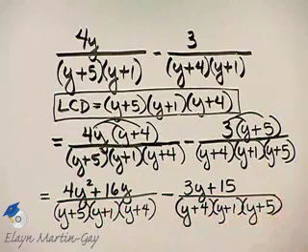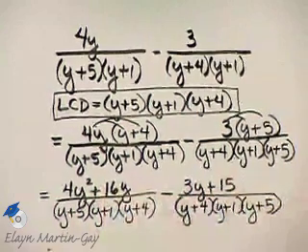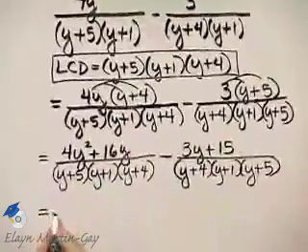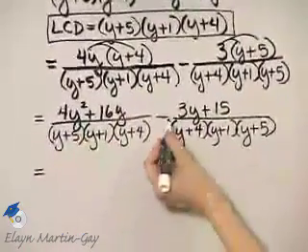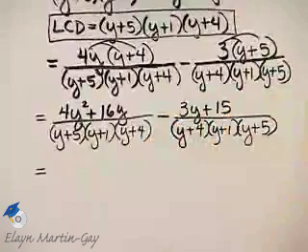Now notice the denominators are the same. That gives me the right to combine the numerators, but you've got to be very, very careful, because I have to subtract this entire second numerator.